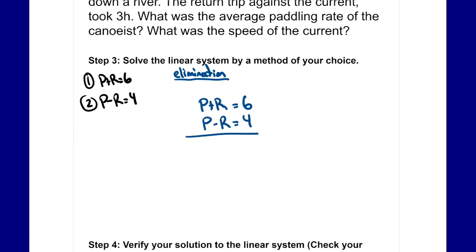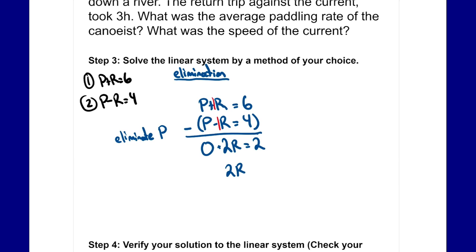In this case, let's look to eliminate P. Since the coefficients are the same sign, I'm going to subtract these two equations. P minus P is 0, positive R minus negative R, or positive 1R minus negative 1R, is equal to positive 2R. And 6 minus 4 is 2.